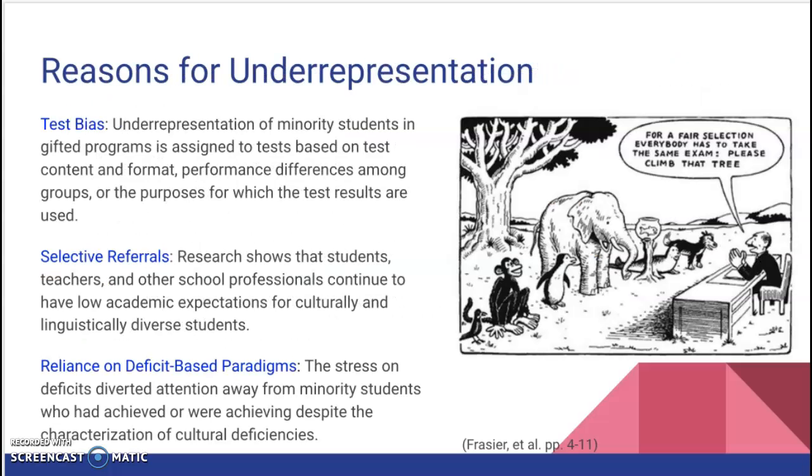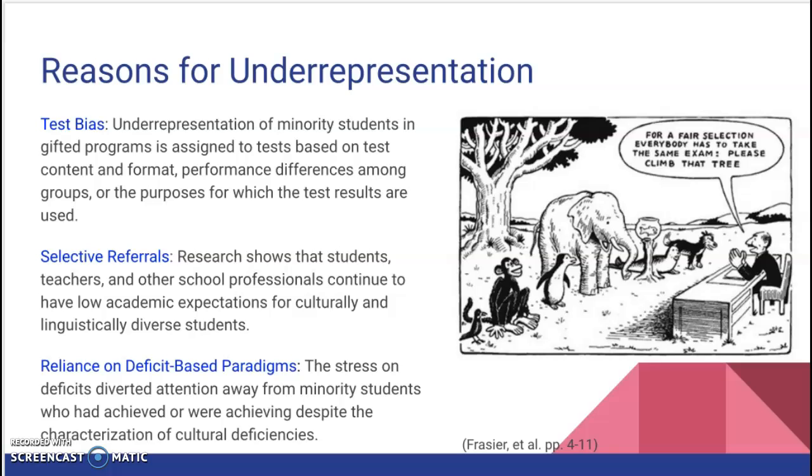This article also gives us three reasons that they have found for underrepresentation of minority students in gifted programs. They are test bias, selective referrals, and reliance on deficit-based paradigms.